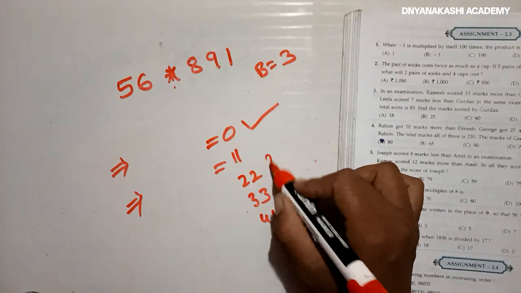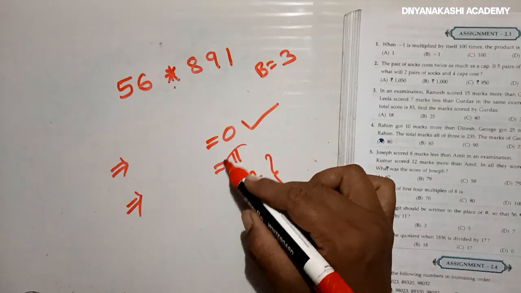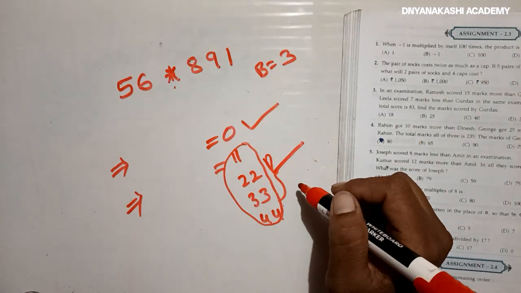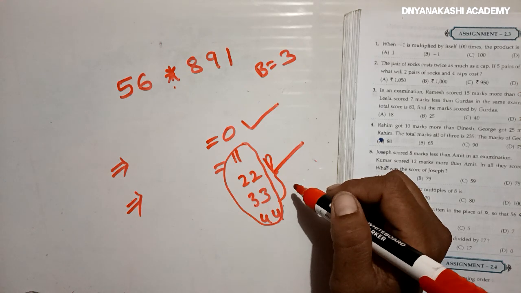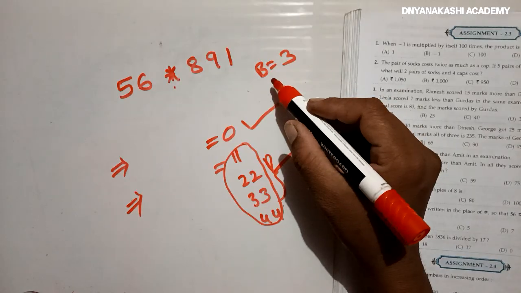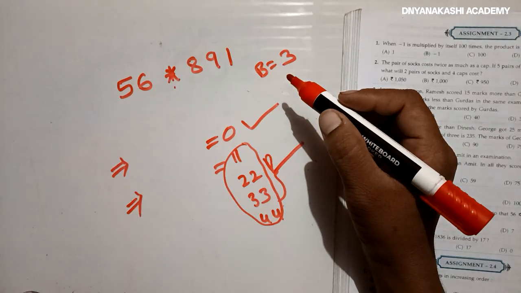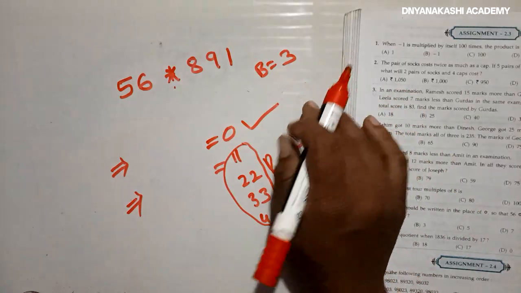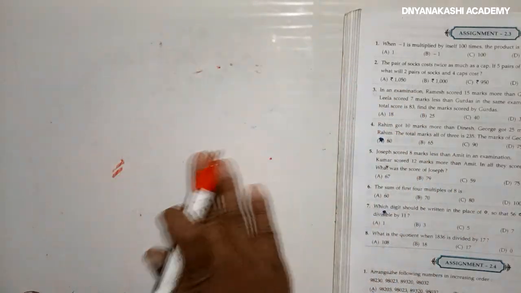These are divisible by 11. If numbers like these come in the answer, it is also divisible by 11. This is the rule of the divisibility test of 11. Option A is correct here.